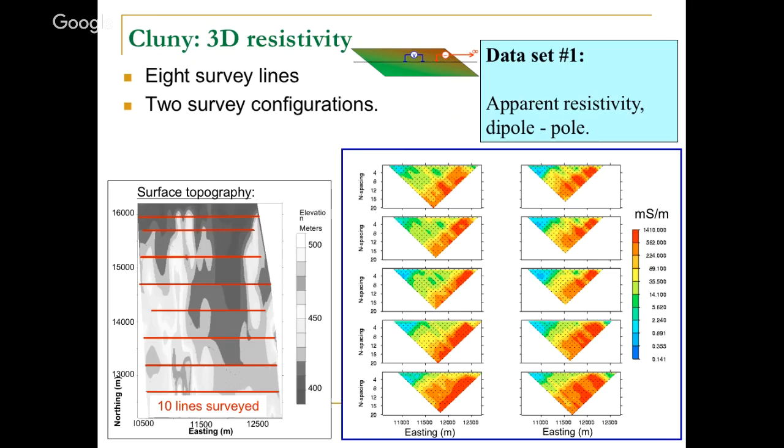This was in Northern Australia, about 3.5 kilometers by a couple of kilometers. There are 10 lines of data, and the data were either pole-dipole or dipole-pole. In this case, a dipole-pole, so the potential dipole is like this, and the current pole is out here. And remember, there needs to be another current electrode, so it's way out.